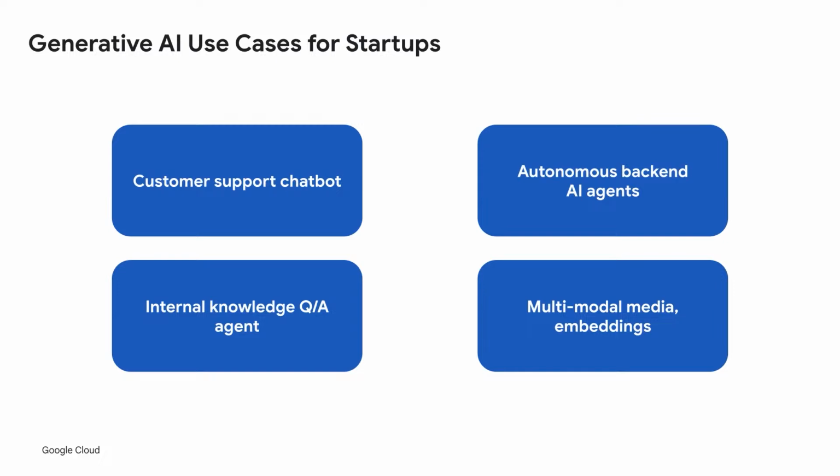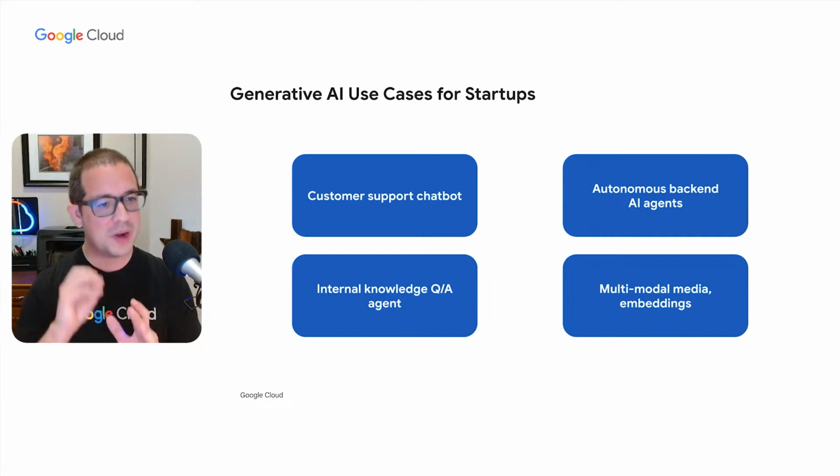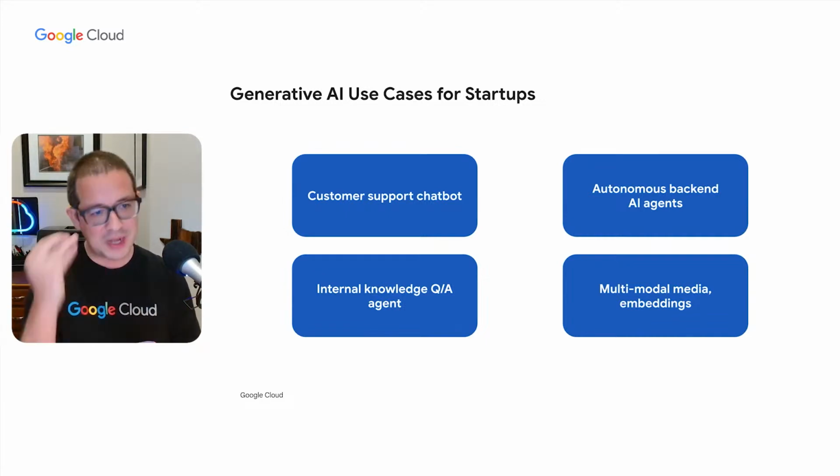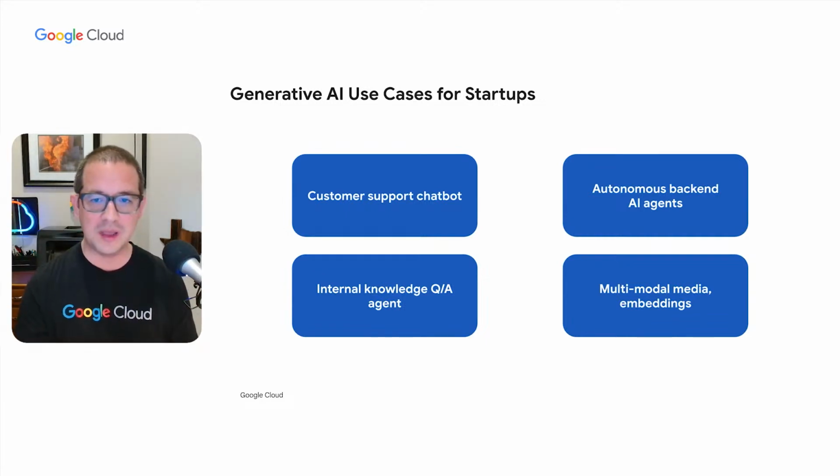Is there something that instead of searching Google Drive and Sheets and all of these PDFs and BigQuery, there's something I can just talk to that can help me work better? I also want to talk about one of my favorite things, which is autonomous backend AI agents. And we won't go too deep, but I want to present that pattern to you. So you're not just thinking about chatbots, but you're thinking, there's this really painful backend process, and I really wish we could automate it with an agent.